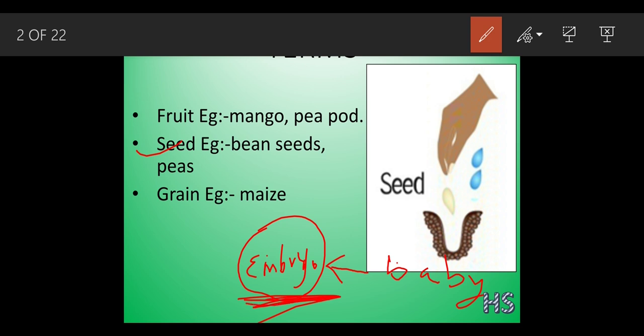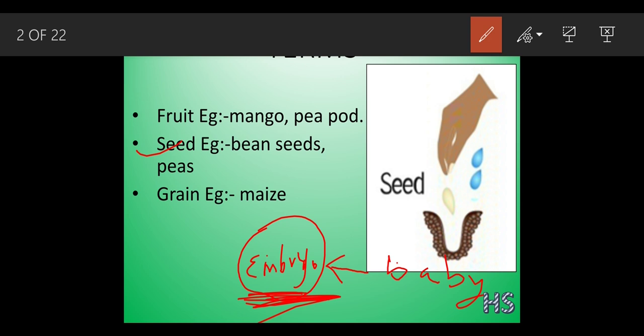Even we as humans, when we are in our mother's stomach, are called an embryo.